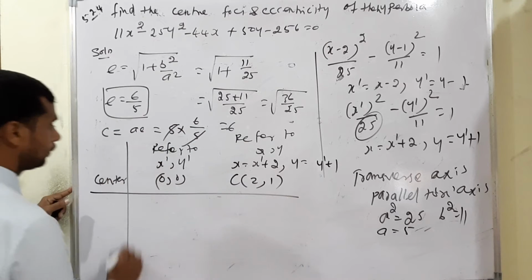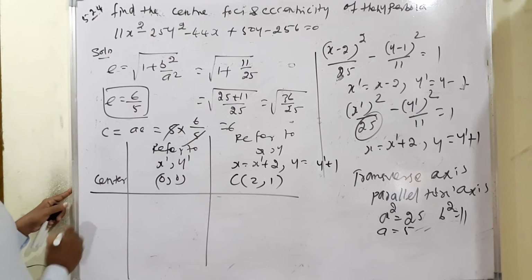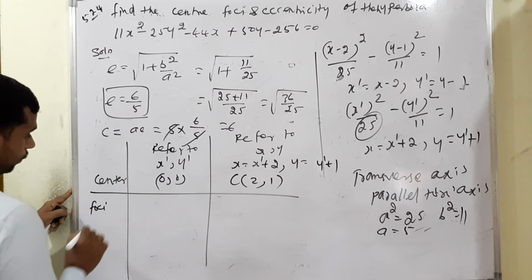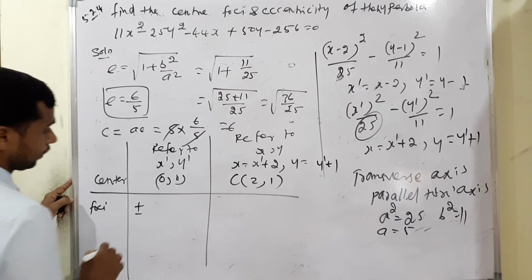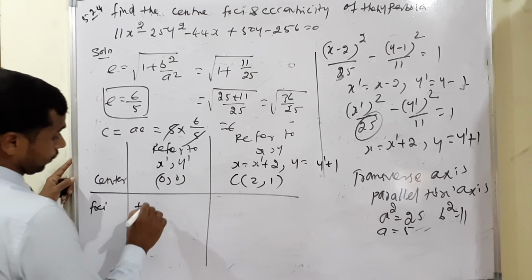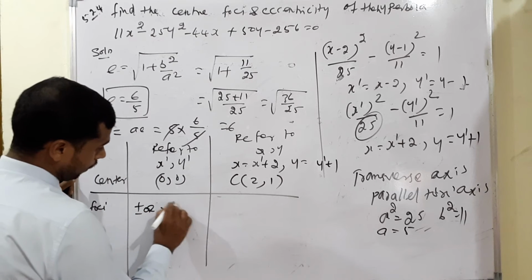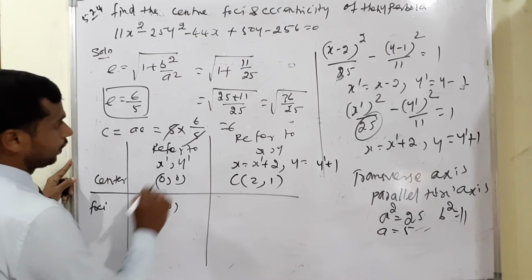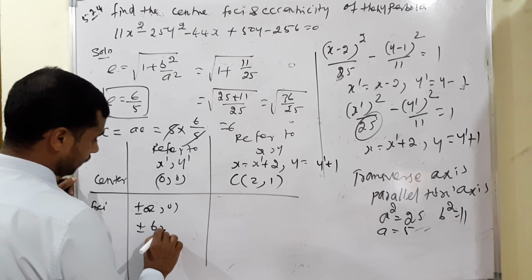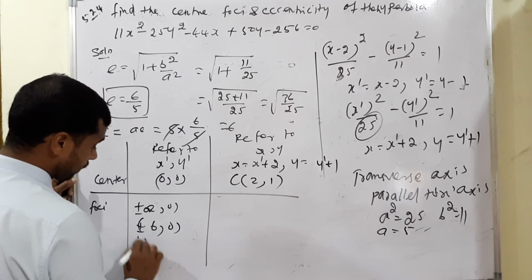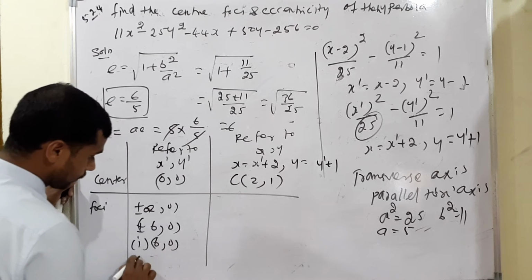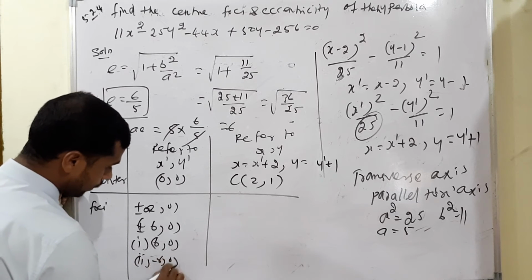The next condition, foci. Foci means plus or minus AE, or C comma 0. So we can write it as (AE, 0). Therefore, we can write plus or minus A is equal to 6, isn't it? Plus or minus 6 comma 0 means the first one is positive (6, 0), the second one is negative (6, 0).